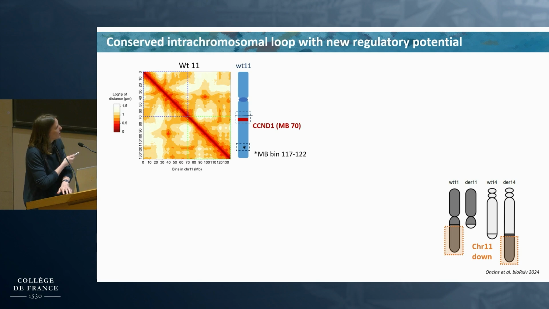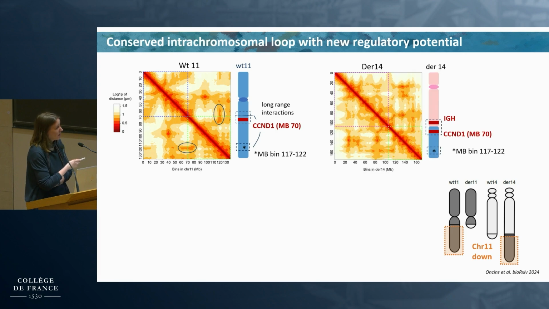And if we just focus here on this region, so this is the breakpoint region, and this is megabase bin 120, you can see here that these interact very closely with each other. So there's a long-range interaction between these two regions already in the wild-type chromosome 11.